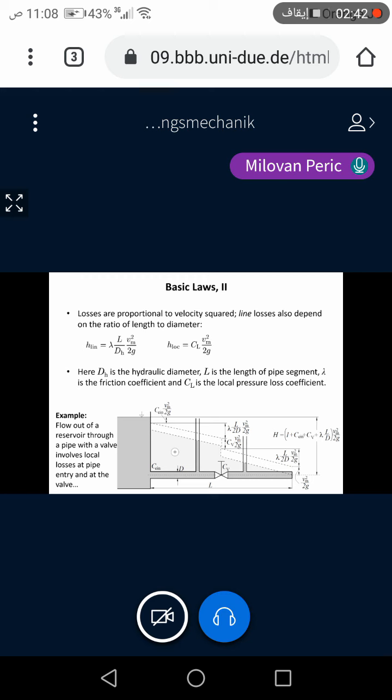So for local losses, we have a coefficient, which is an empirical pressure loss coefficient, CL, times velocity squared divided by 2g. And for line losses, we have lambda, which is the friction coefficient, and then L over D, the ratio of length over diameter, and then again V squared divided by 2g.